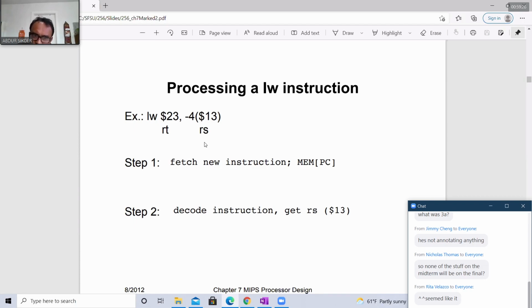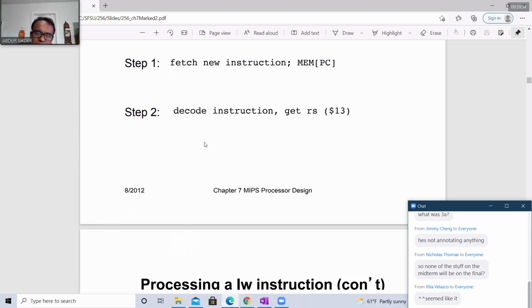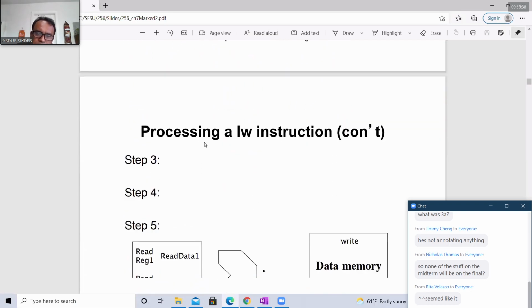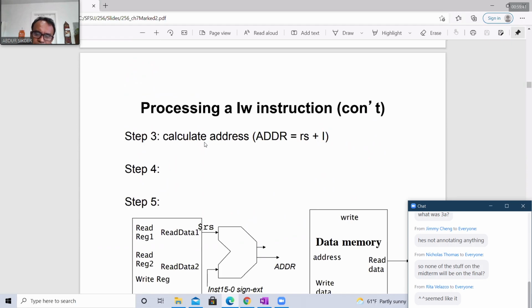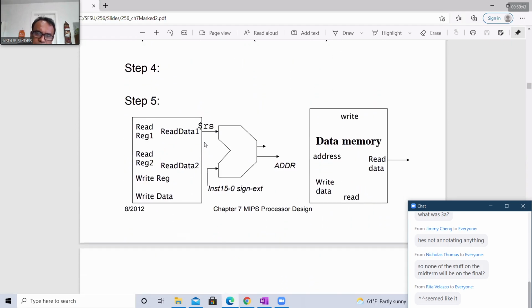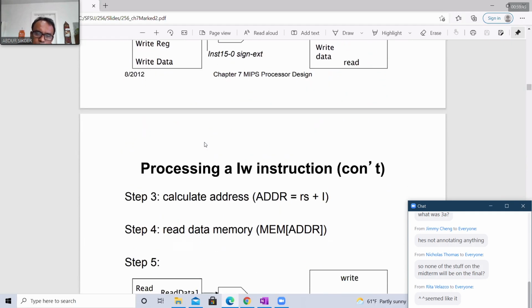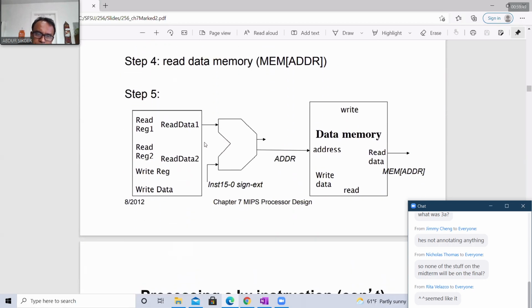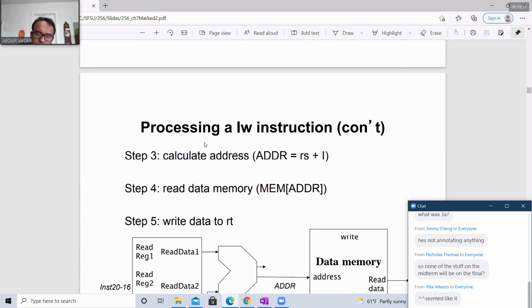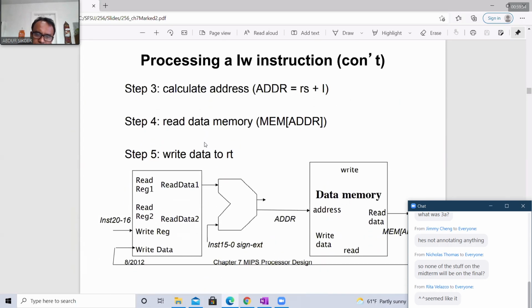The next line, upper or lower. -4 is like you go up, and +4 is go down in the registers. So after decode, in step 3, you calculate the address, RS plus immediate. And then step 4, you read data memory. And then step 5, you write data to RT.